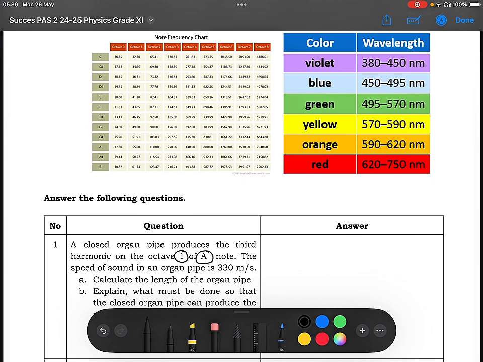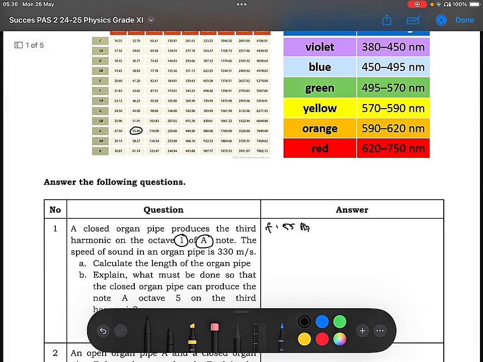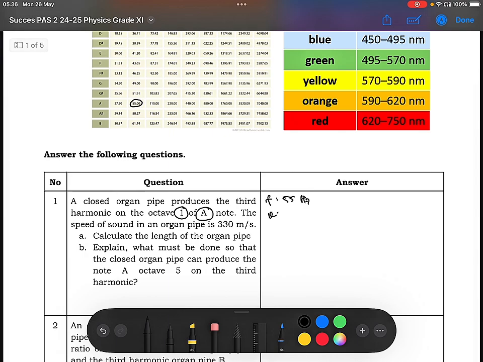This one is the frequency, 55 hertz, and then the speed is 330 meters per second. N is the third harmonic.